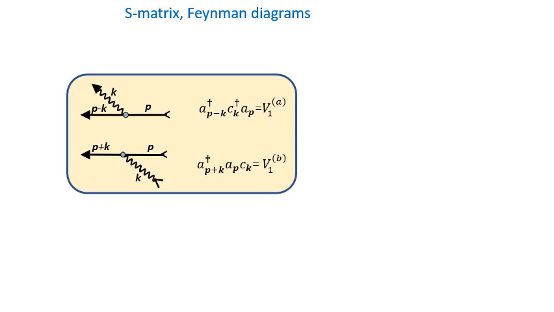Note that for convenience, I place external graph lines in the same order as operators in the product. Incoming dovetail lines represent annihilation operators and are on the right. Outgoing arrows correspond to creation operators and are on the left.